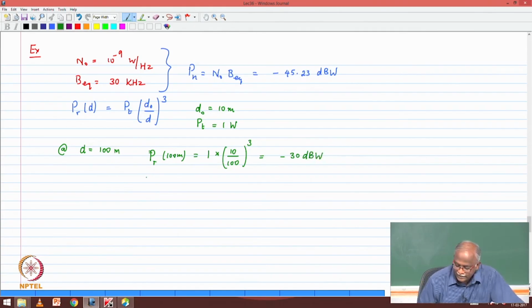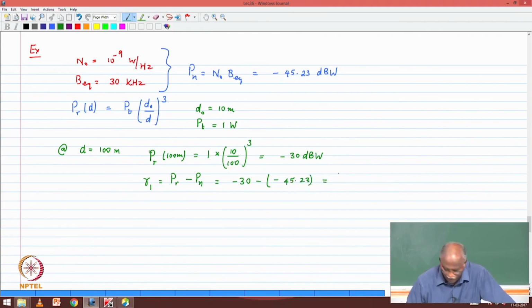So my SNR gamma 1 will be signal power minus noise power, which is minus 30 minus (minus 45.23), which is 15.23 dB.